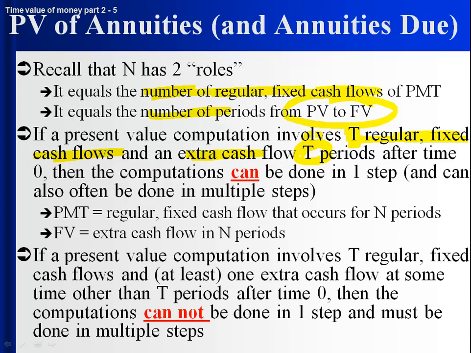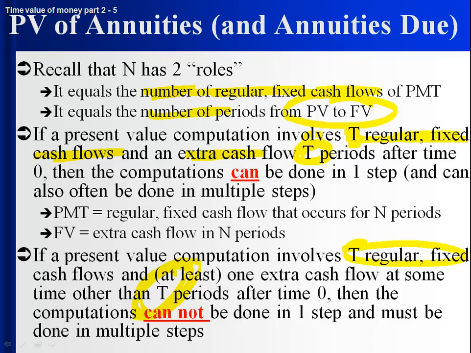You can't do it in one step if you've got a bunch of regular payments and then you've got an extra cash flow at some other time that's not T periods. Maybe it's earlier, maybe it's later, but if it happens at some other different point in time, then we have to approach it the way we just did. We have to figure out the value of different pieces and add them up.